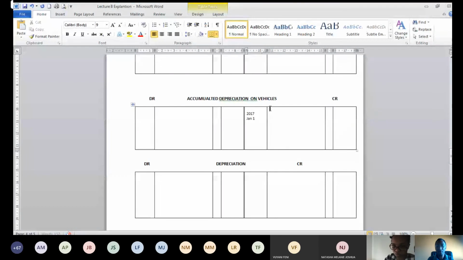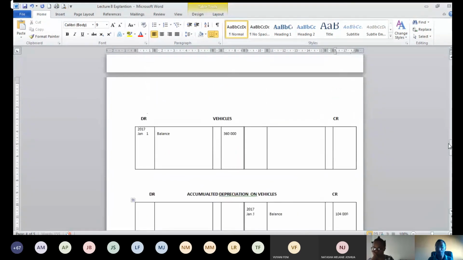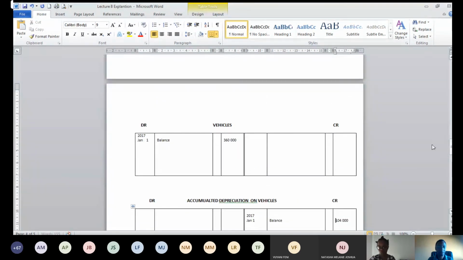On the 1st of January 2017, our accumulated depreciation started off with an opening balance of 104,000 rand. That is the balance on the first day of the financial year, and that is the accumulated depreciation on all our vehicles.